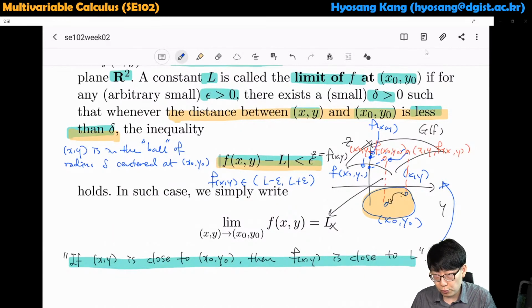So we have x, y, z. x and y are independent variables, and z is a dependent variable. When we talk about this function, we have to think about these 3 variables at the same time. We cannot separate out the z coordinate because the value of the function is z. So in order to explain these 3 coordinates at the same time, we need 3-dimensional space.